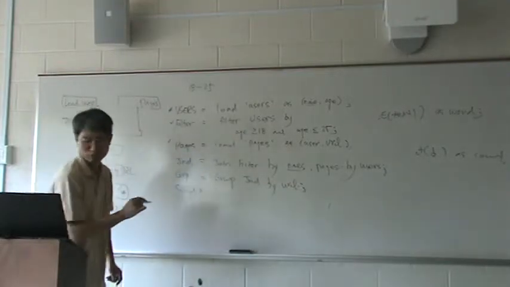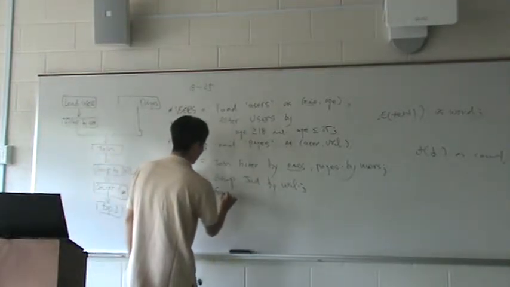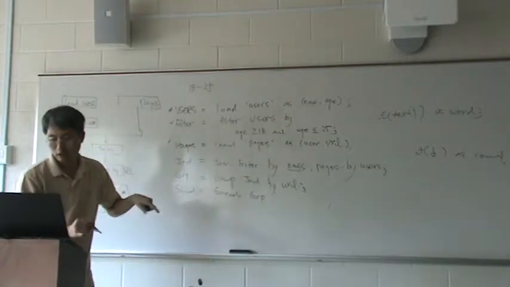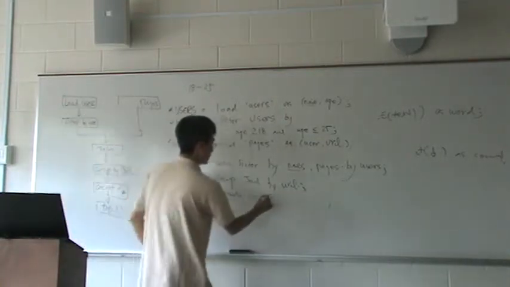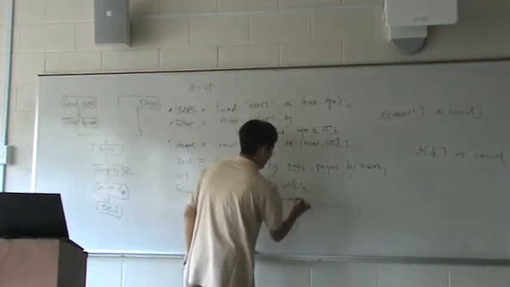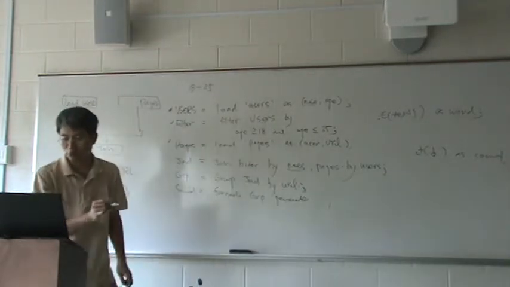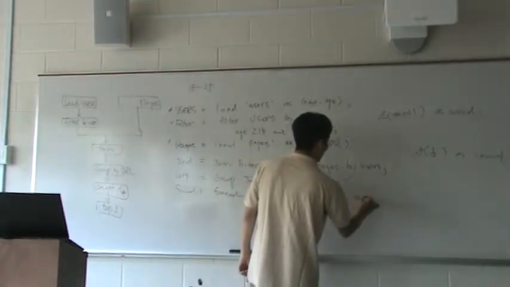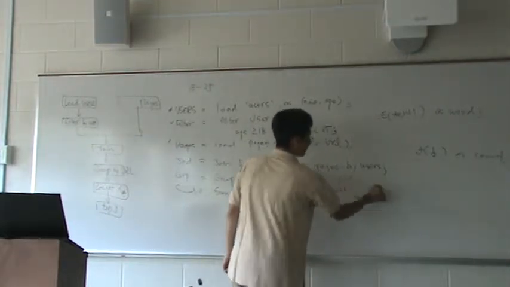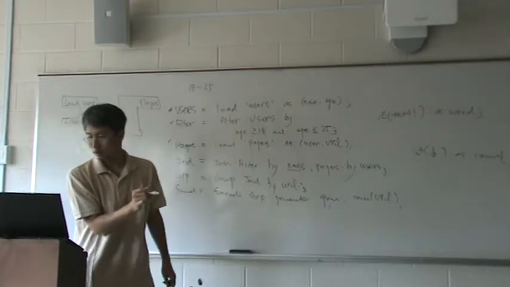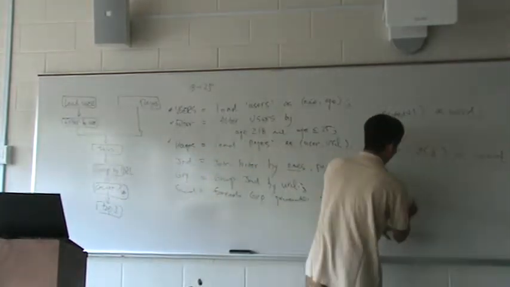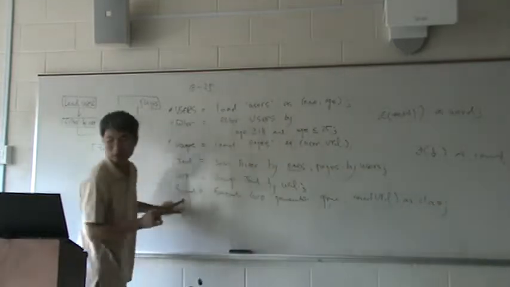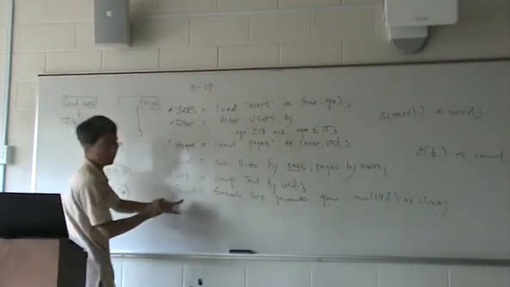For each group, so this one for each group, and generate the group, count URL as clicks. Then the next one is the order.